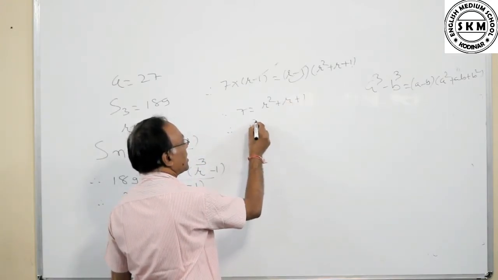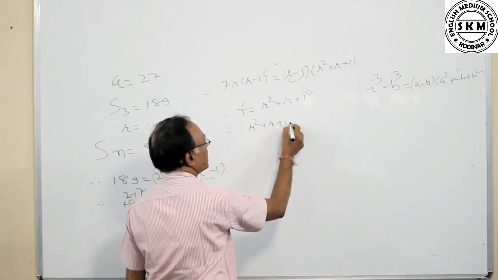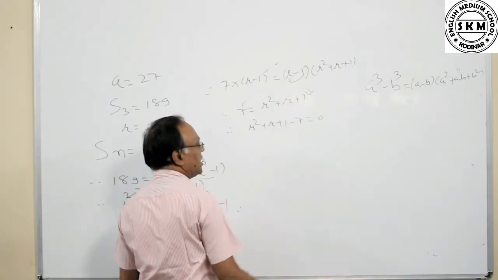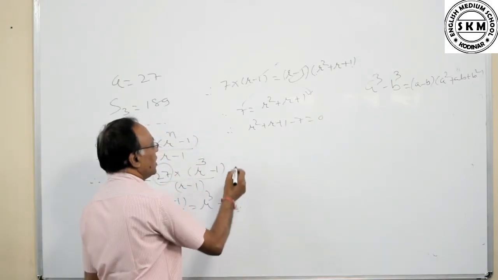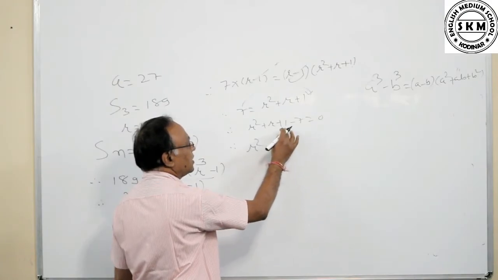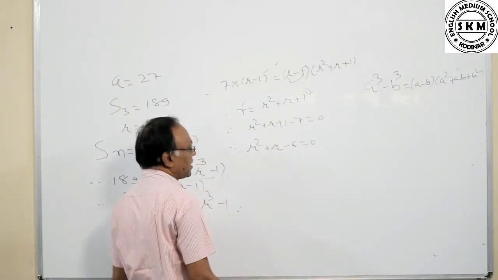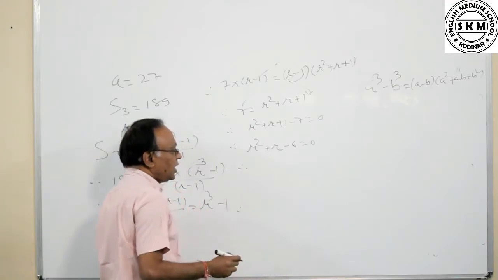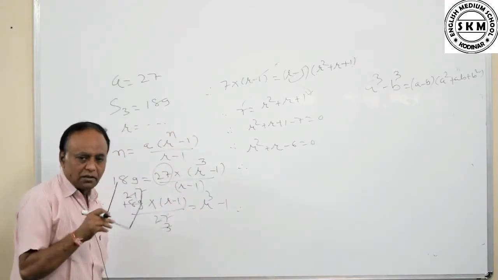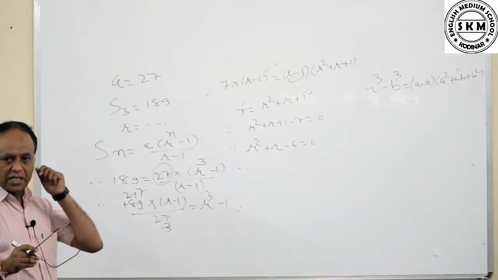Therefore r square plus r plus 1, taking 7 to the other side, minus 7 is equal to 0. So r square plus r minus 6 is equal to 0. Now split the middle term in r square plus r minus 6.